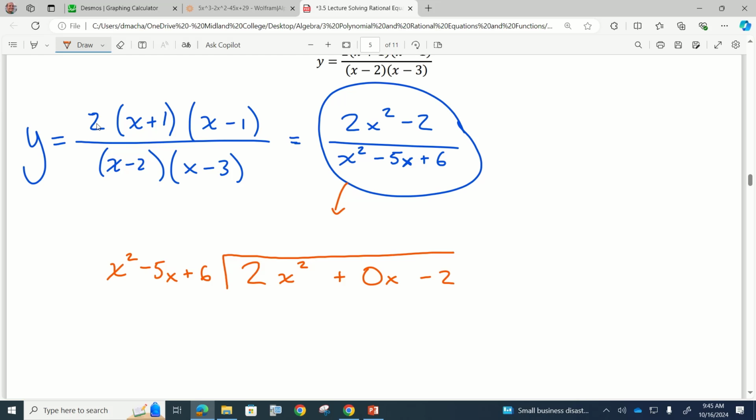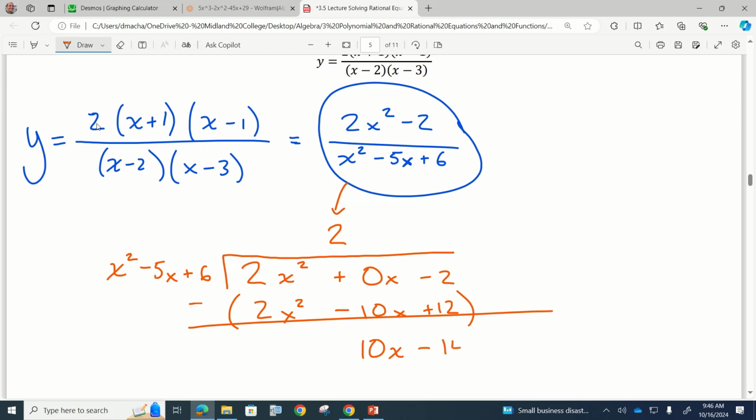So we would ask, what times x squared gives me 2x squared? 2. And then 2 times x squared is 2x squared. 2 times negative 5x is negative 10x. And then 2 times 6 is 12. Put down your parentheses and subtract. And we get 0 minus negative 10 as positive 10x. Negative 2 minus 12 is minus 14.